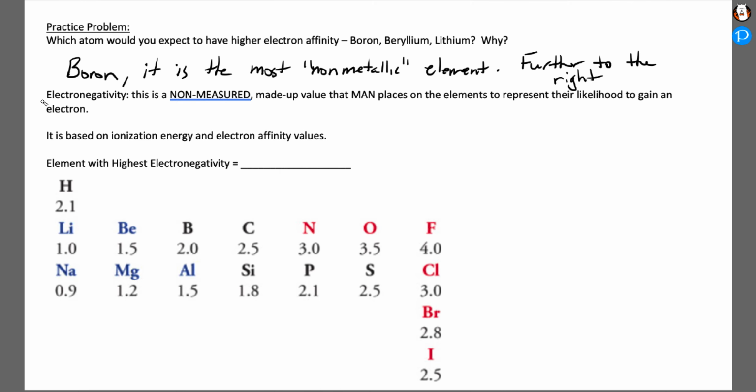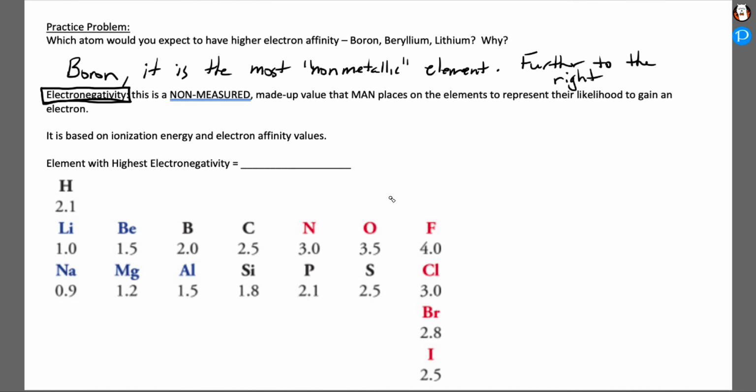So that brings us to this thing right here, electronegativity. Electronegativity is basically a measure of how strongly certain atoms will attract electrons to them. This is a non-measured value. So this is just values that are man-made that we place on electrons. So we basically take a look at these different elements.